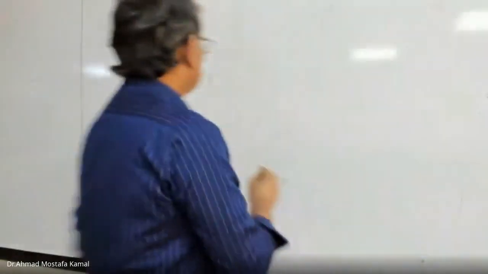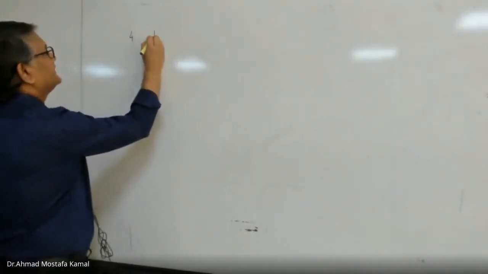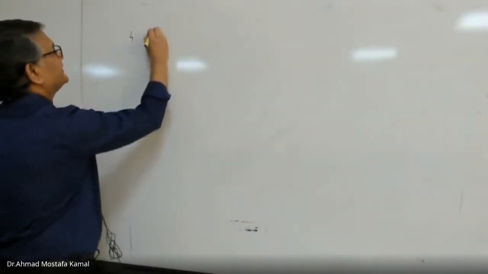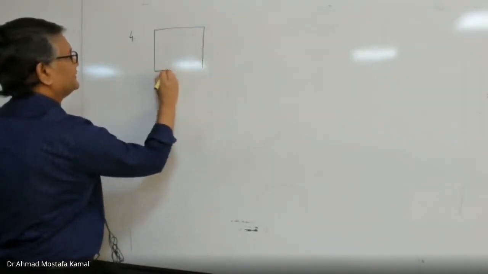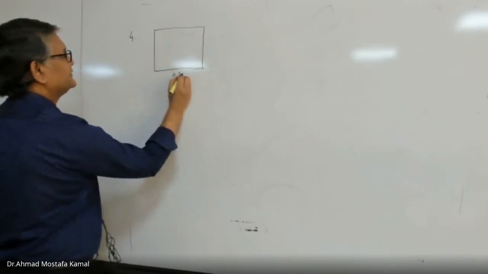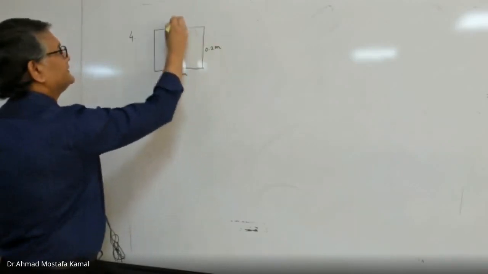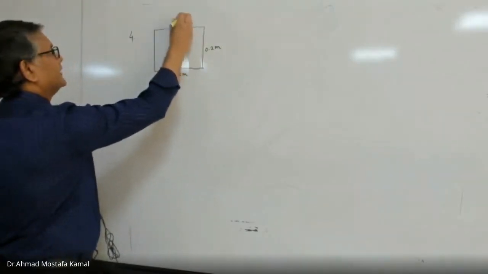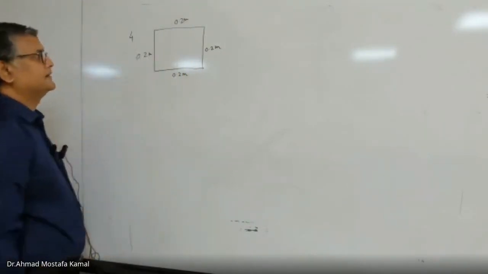Okay. It is problem number 4, and it is said to draw the figure that will help you understand that there is a square, a square with all sides equal. This is 0.2 meter, this is also 0.2 meter, this is also 0.2 meter, and this is also 0.2 meter. All sides equal.